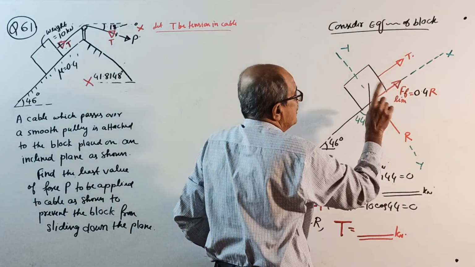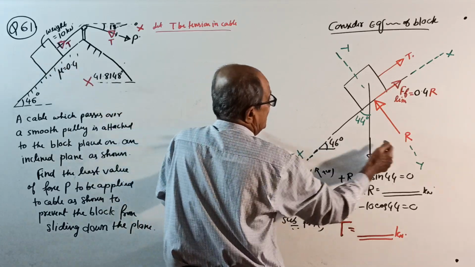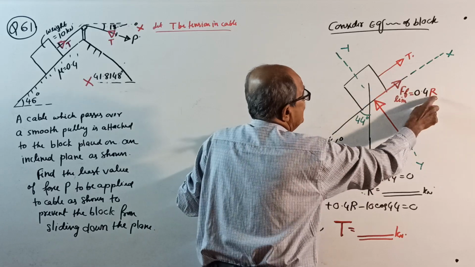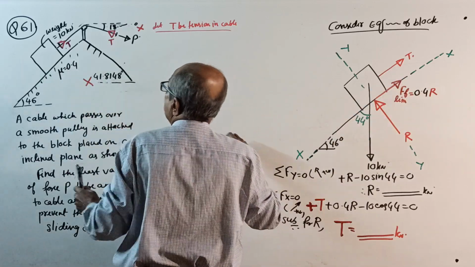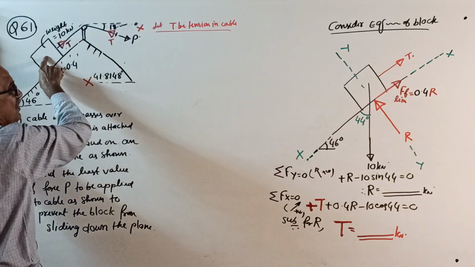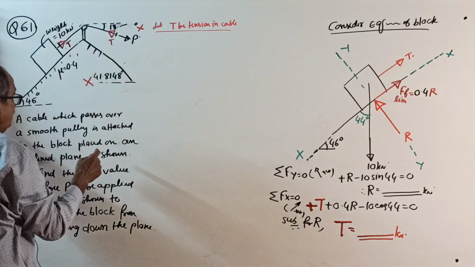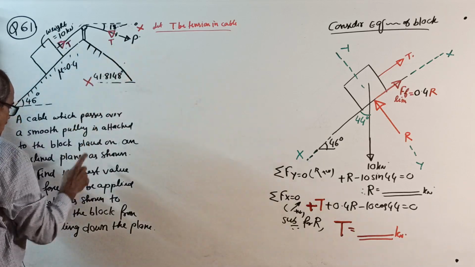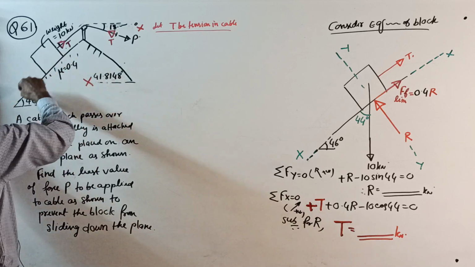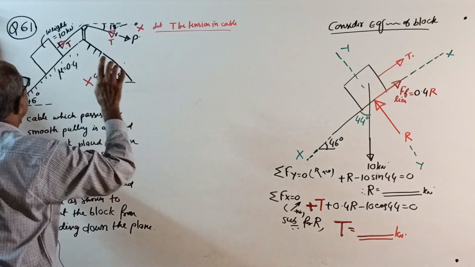Then, let R be the normal reaction here. Only one block, R. Friction is 0.4 R, since mu is 0.4. When you apply the force P, this block will try to slide down. They want the minimum force just to prevent this block from sliding down. So the tendency of this block is to slide down, friction up.